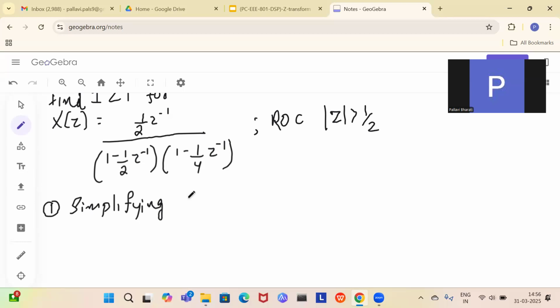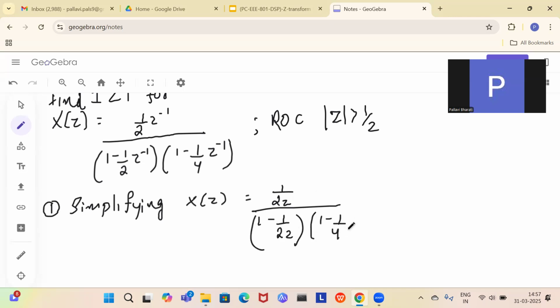But if it is not given in that format, then you need to do it. So X of z is equal to half 1 by 2z, z to the power minus 1 means 1 by 2z, divided by 1 minus 1 by 2z, and this side it will be 1 minus 1 by 4z.